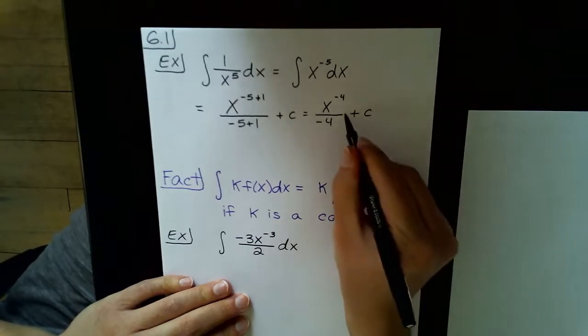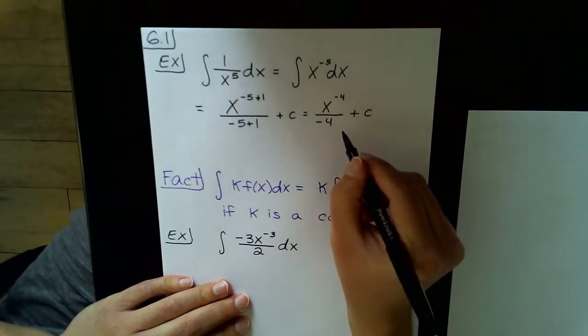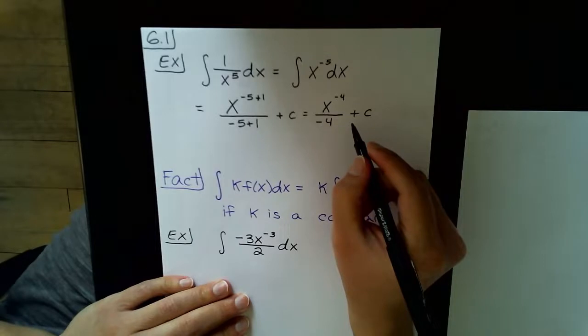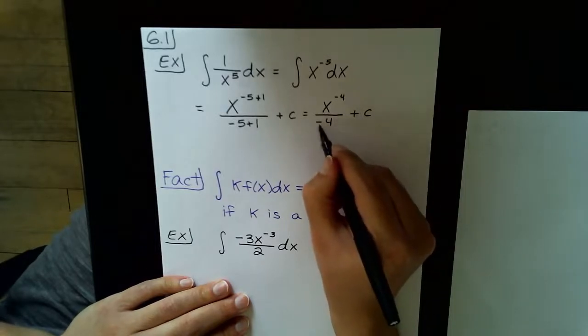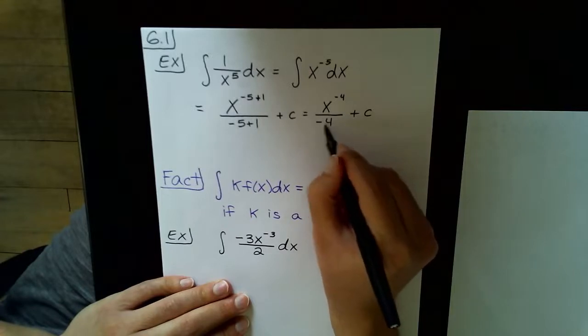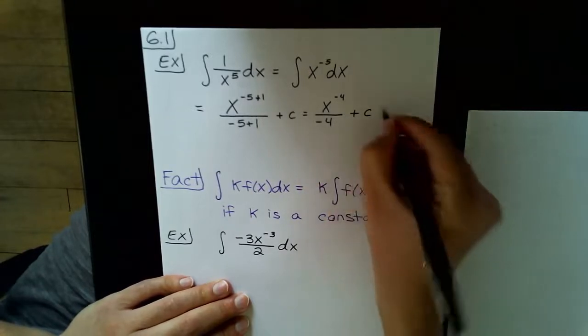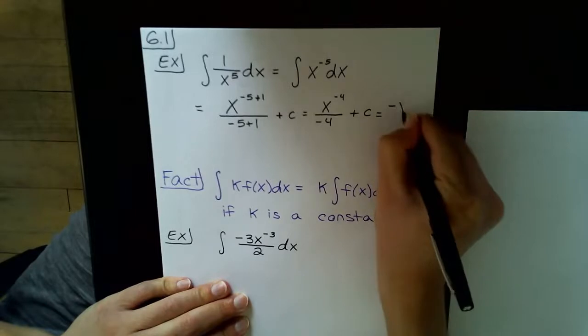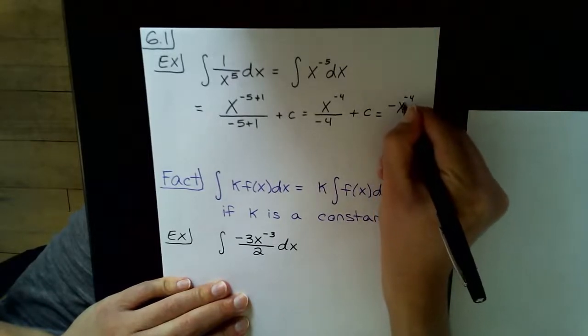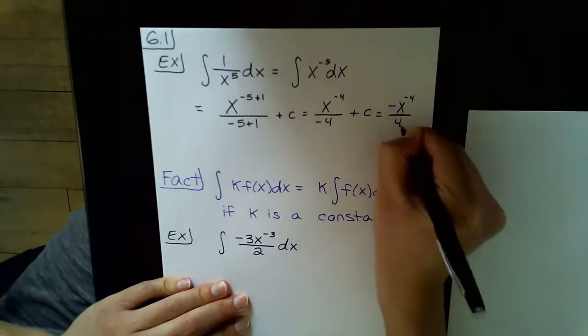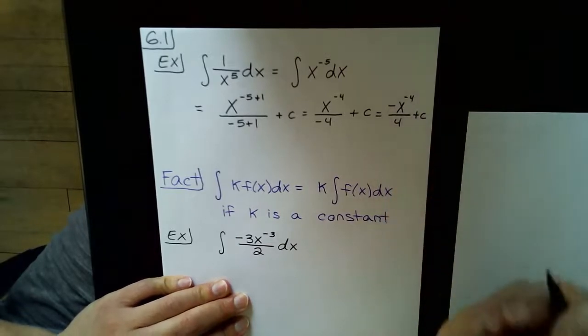And there's a couple of things we can do to simplify this. First of all, we should get this negative out of the denominator. We should never leave a negative in the denominator, so we'll bring it up to the top, which gives us negative x to the negative 4th over 4 plus c.